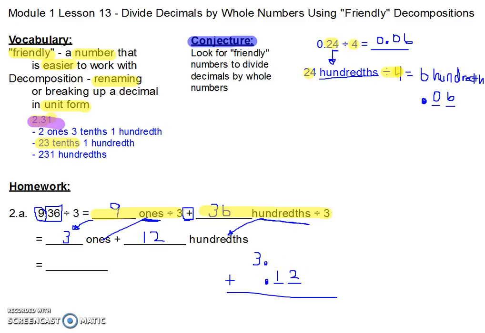And I like to just even up my addition problems. So I like to put my zeros here if they're missing any place values, and then we add them up. So 0 plus 2 is 2, 0 plus 1 is 1. You drop your decimal down, and then 3 plus 0 is 3. So your answer would be 3 and 12 hundredths, or 3.12.